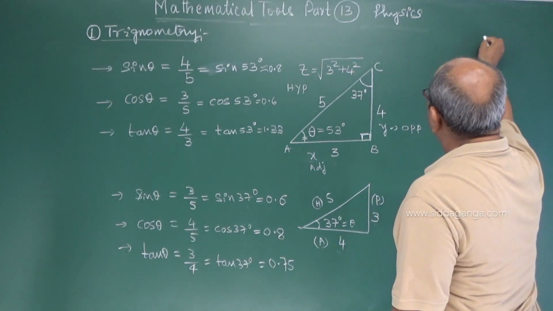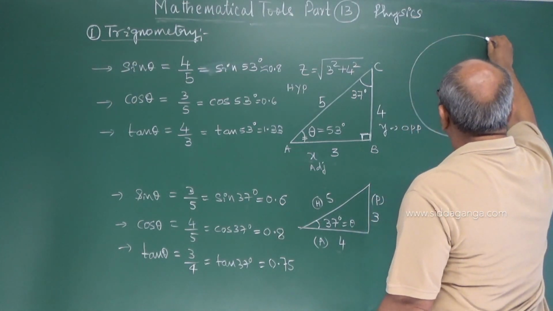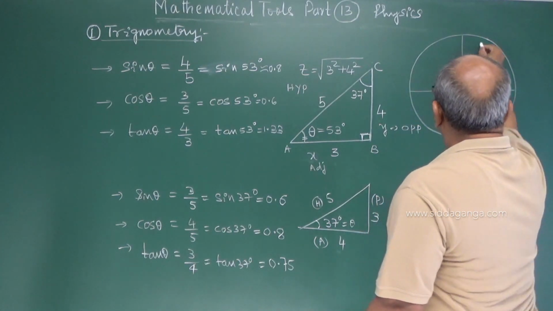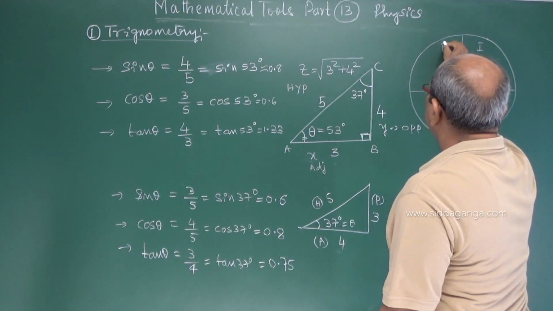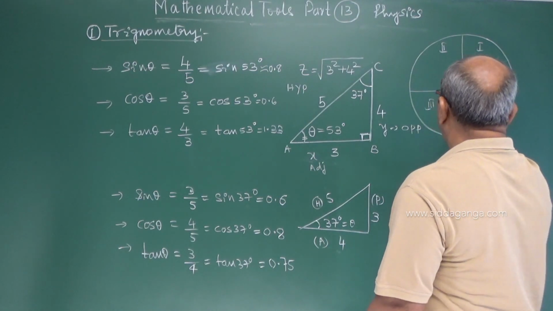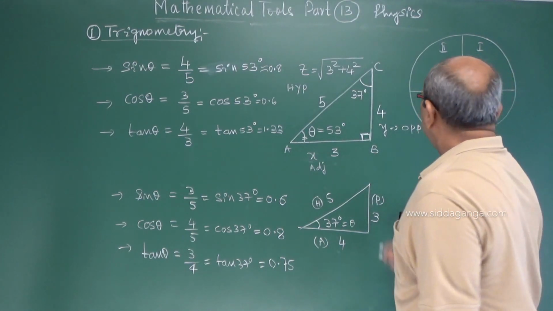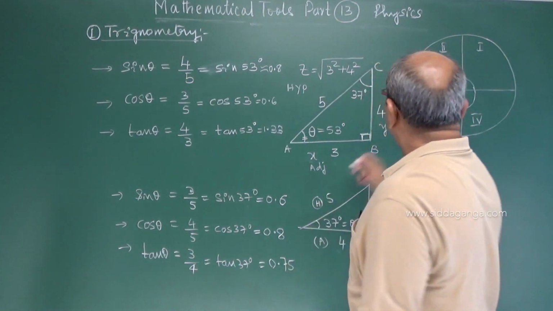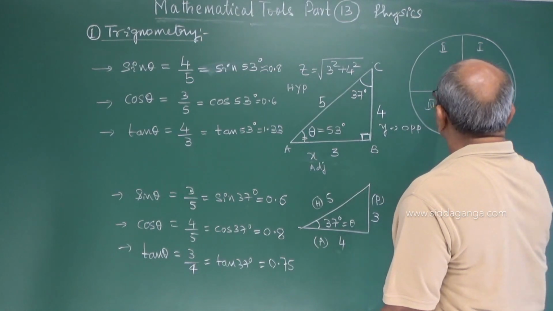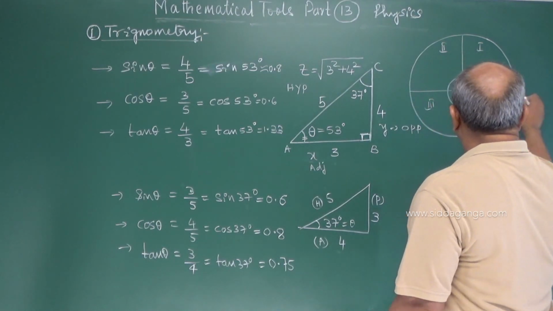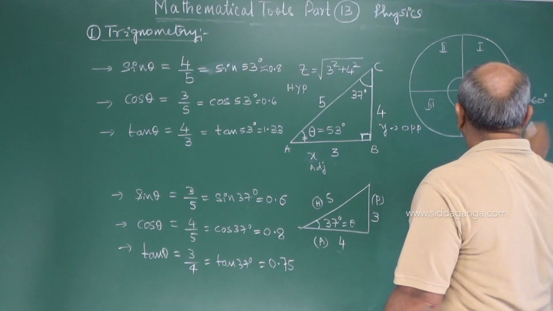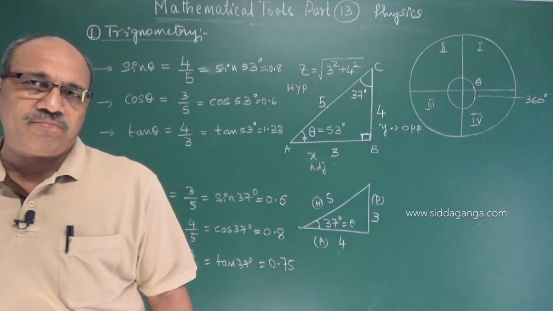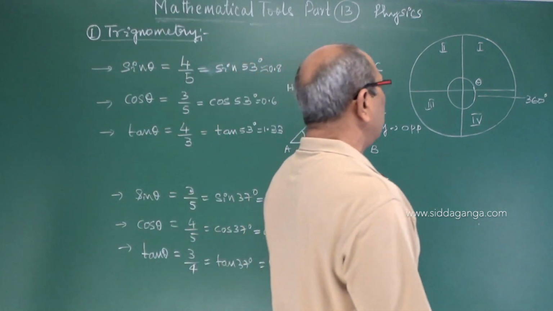But when I consider all quadrants, round the clock, the four quadrants, first, second, third and the fourth quadrant, the angle theta may go up to 360 degrees in one round. So in trigonometric ratios, sometimes it is necessary as well.